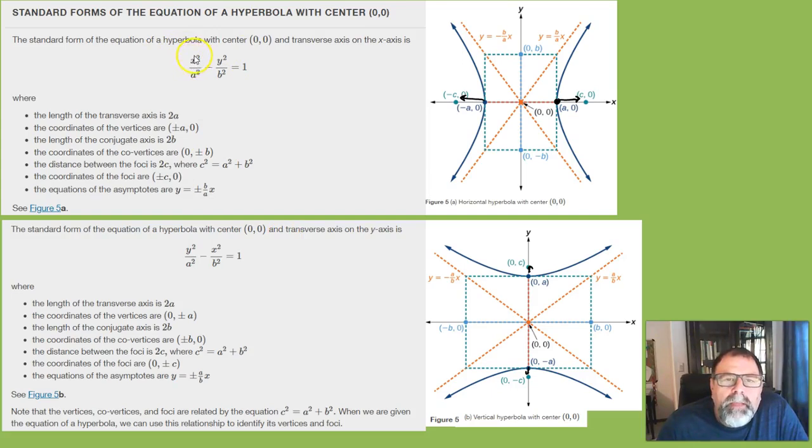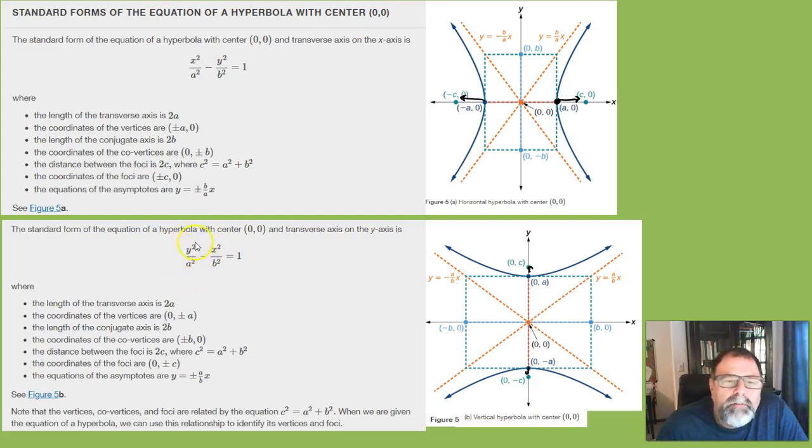Now notice in an ellipse, we had x squared over a squared plus y squared over b squared equals 1. But here for a hyperbola, it's a minus. And notice there's no mention of which is bigger, a or b, because that doesn't matter. What matters is which is the positive term. So we've got x squared minus y squared, and here we have y squared minus x squared. So basically I think of it as the positive term, right?